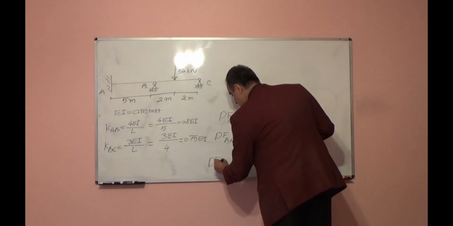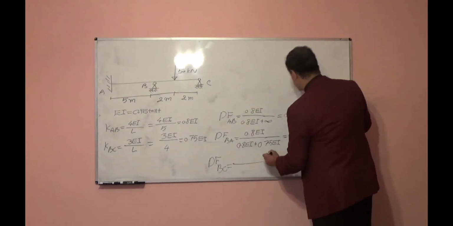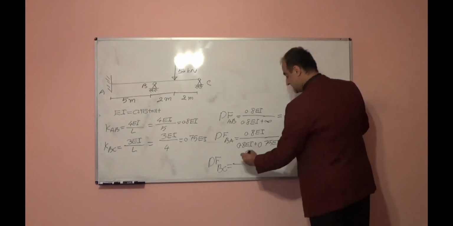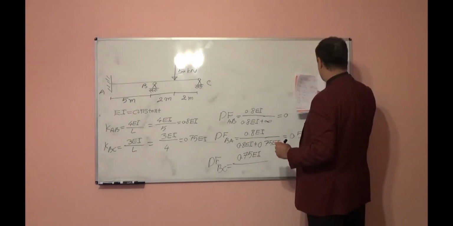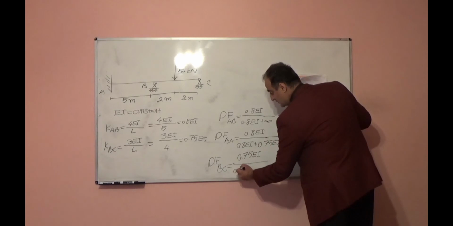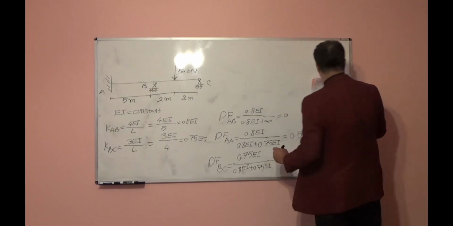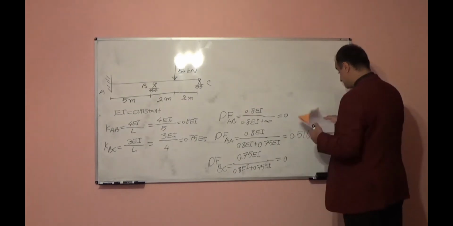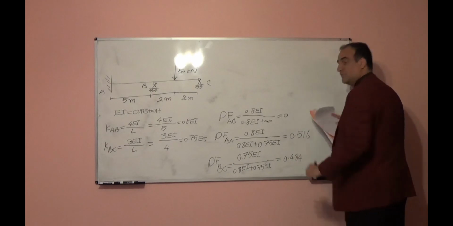Distribution factor for member BC will be equal to stiffness of member BC, 0.75 EI, divided by KAB plus KBC, that will be 0.8 EI plus 0.75 EI. This will be equal to 0.484.